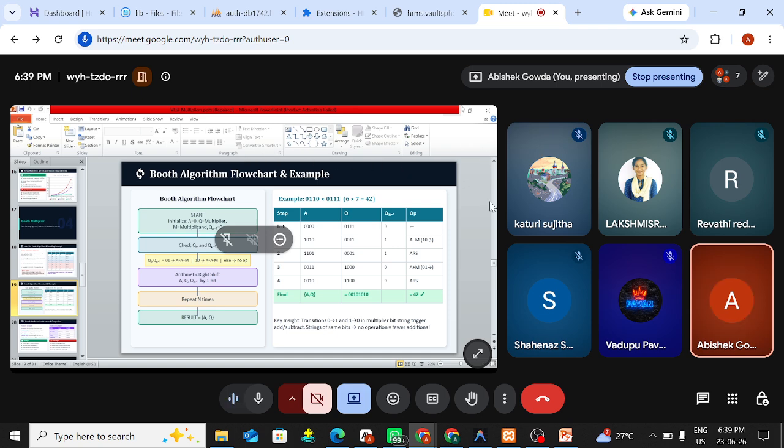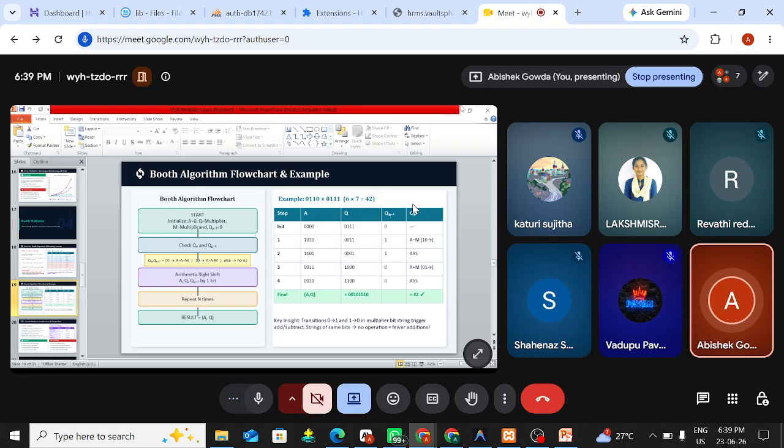In the previous class I explained how this multiplier is going to work. It mainly works on three concepts: generating products and adding those partial products. These are the processes going on inside the multiplier.